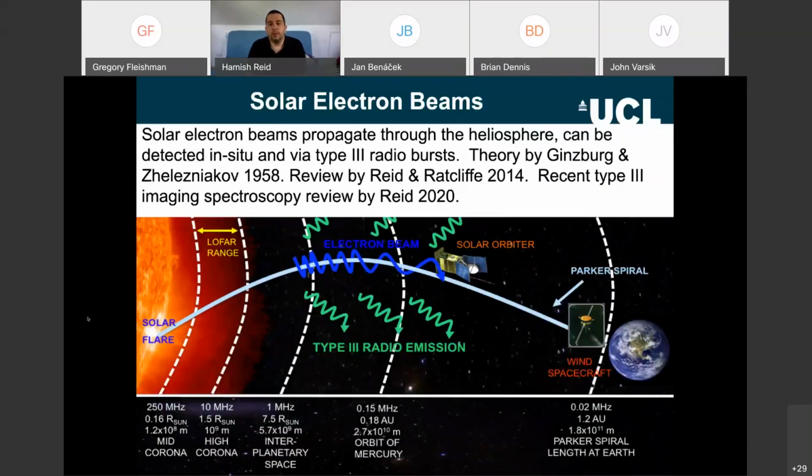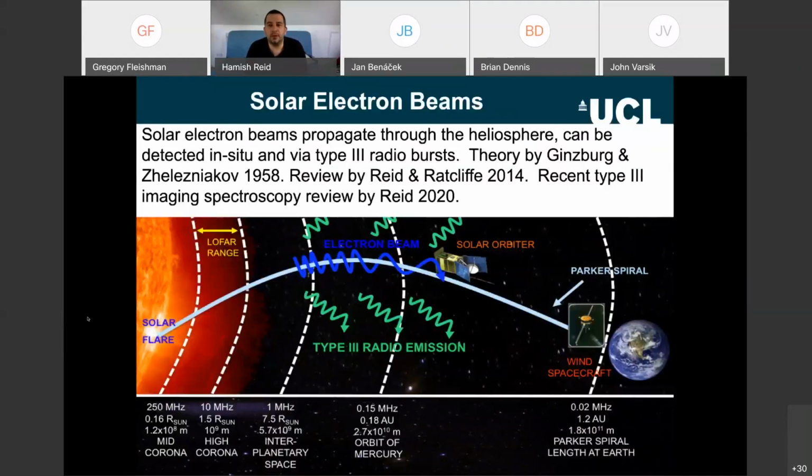So what happens in the sun is we have a large explosion, a solar flare, happening in the atmosphere of the sun, accelerating electrons out through the solar corona and into the solar wind. And it's these electrons that are responsible for the production of Type 3 radio bursts through the plasma emission process.